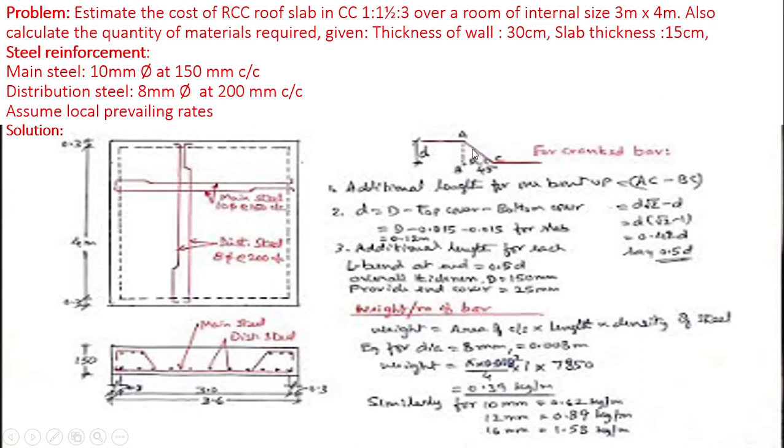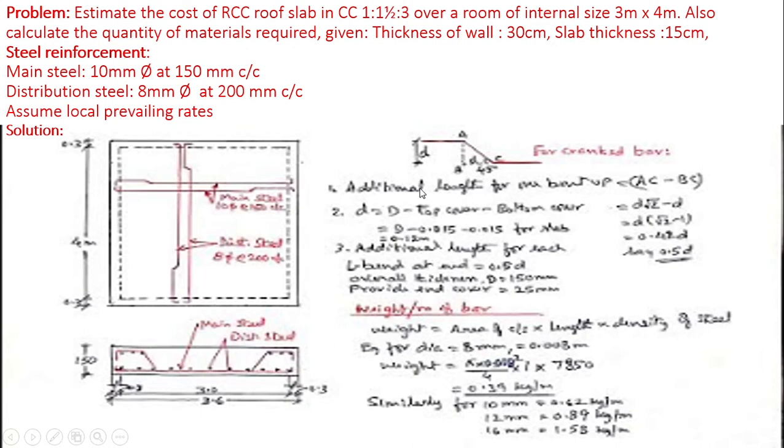In the triangle, the additional length for each crank or each bent up is equal to AC minus BC. Also note that AB is equal to D, where D is equal to overall depth minus top cover minus bottom cover. And BC is also equal to D. By Pythagoras rule, AC square is equal to 2D square, or AC is equal to D root 2.